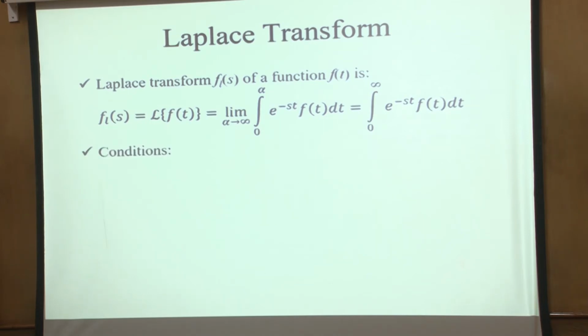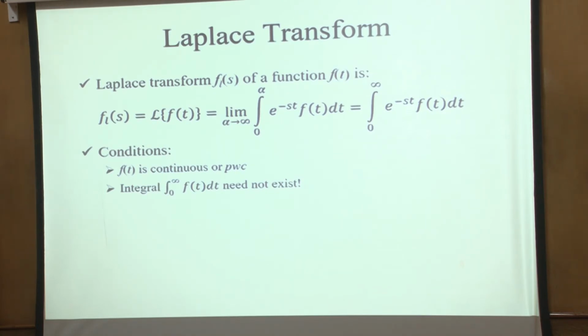Conditions are very important. The Laplace transform actually doesn't have as strict a condition as the Fourier transform. For example, it has to be continuous or piecewise continuous, same thing. But this integral need not exist. All you have to do is basically f(t) has to be of exponential order.